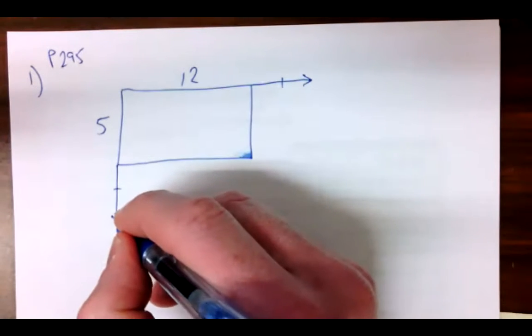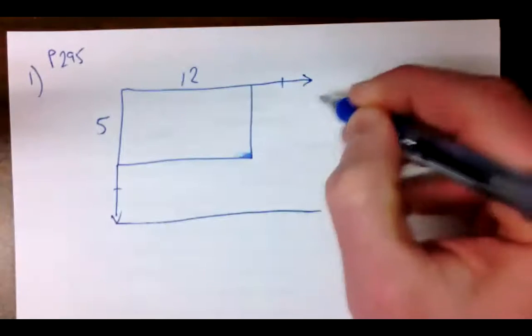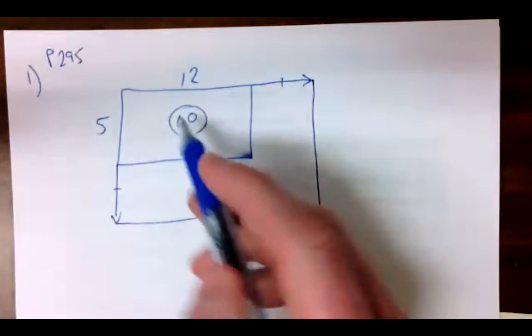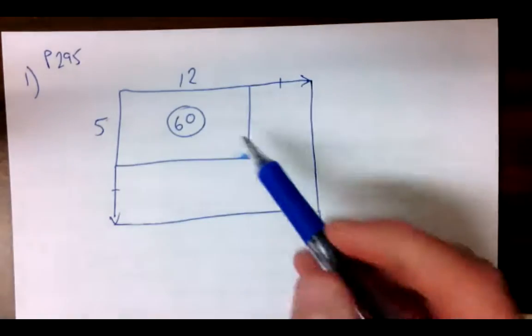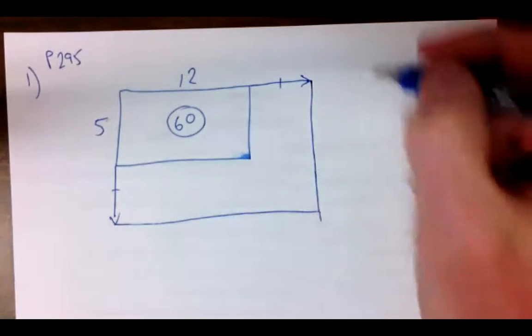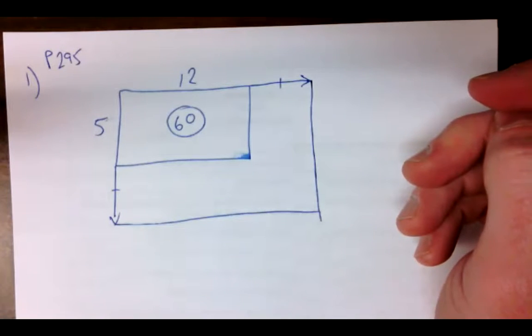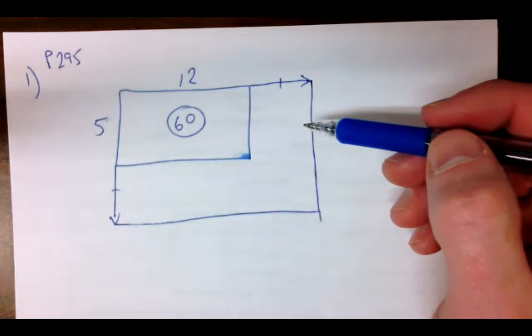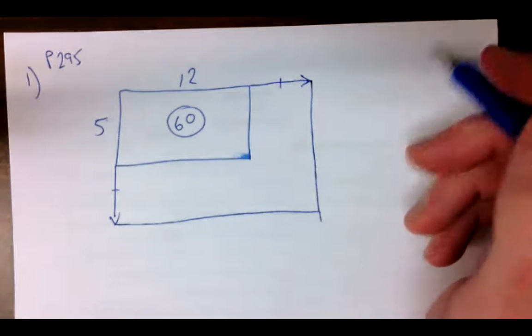Okay, so we're going to have a new area. So this area here is 60 from the original. 5 times 12 is 60. But it's saying the new area is going to be more than double.